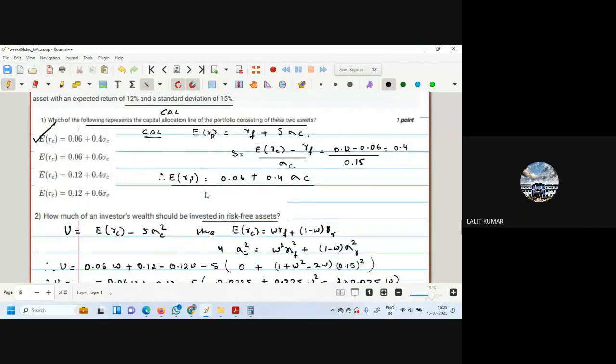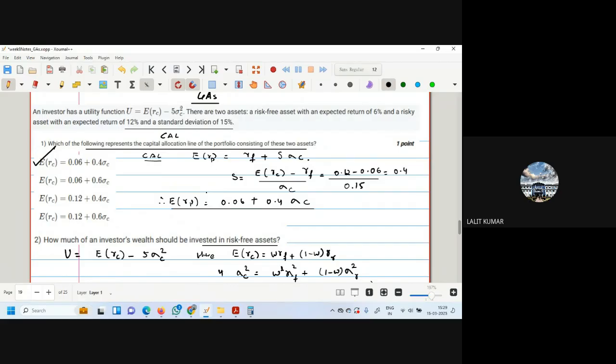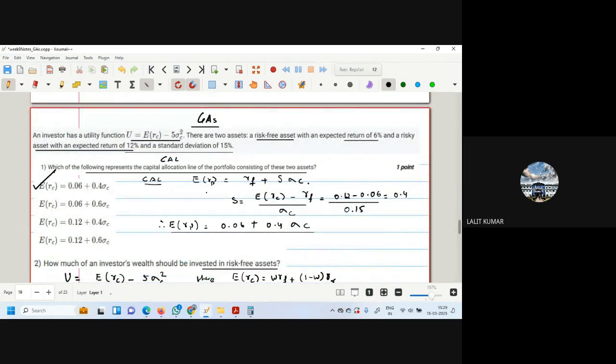So the first question of the GA, they have given the utility function and two assets. One is risk-free with an expected return, and there is a risky asset with an expected return of this, and standard deviation is 15%. Which of the following represents the capital allocation line of the portfolio consisting of these two assets?